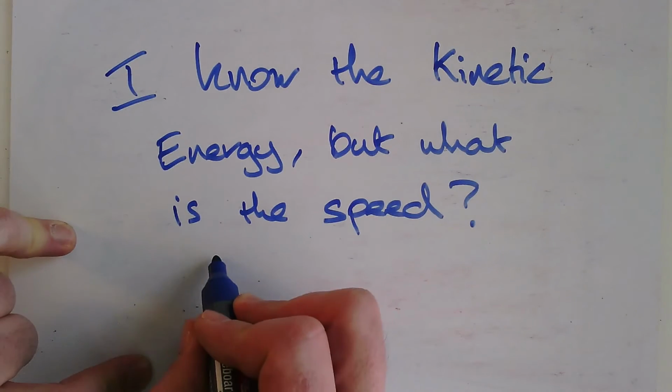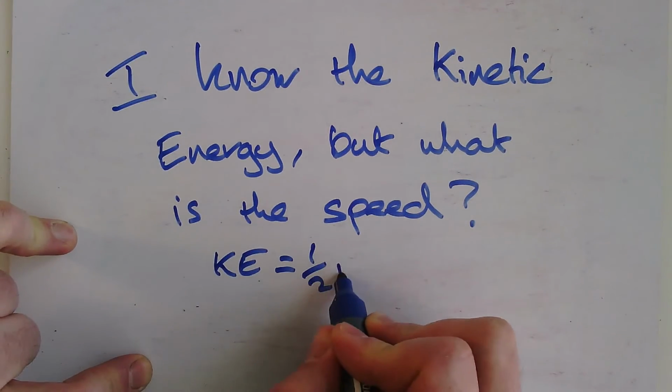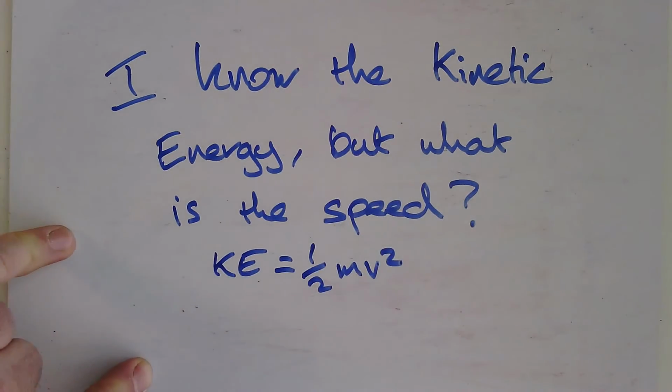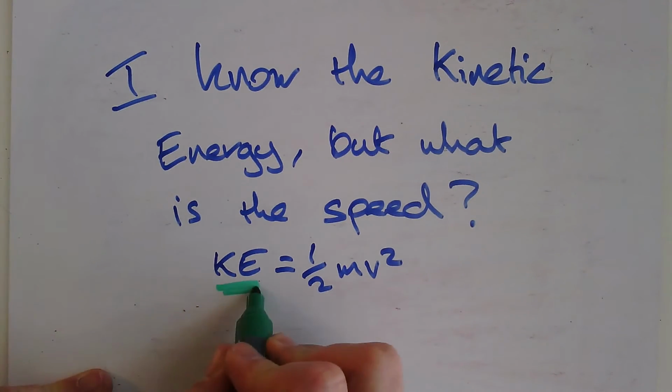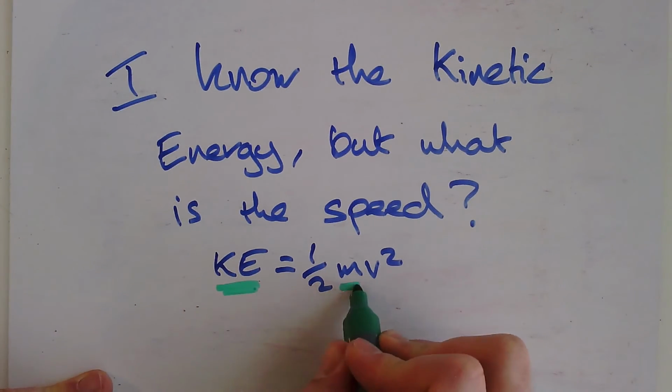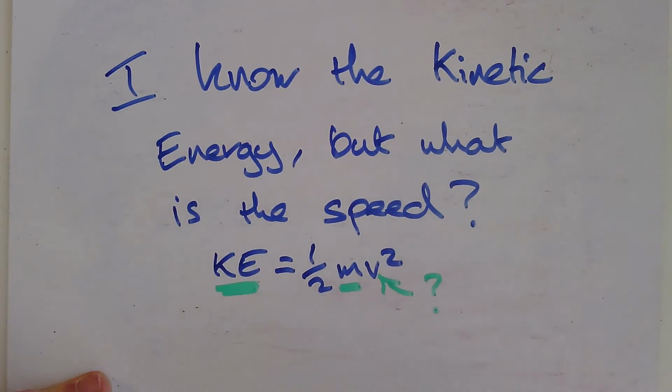So what this means is, we know our equation is this, and the exam board, in their question, give me this number, and they say, work the speed out. So, this is the one that requires a little bit more maths and the use of the square root button on your calculator.